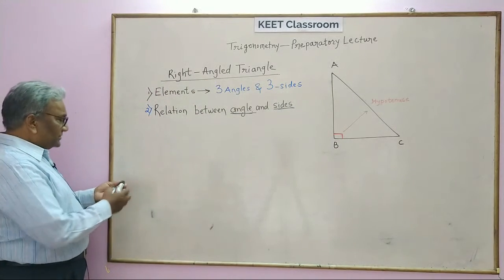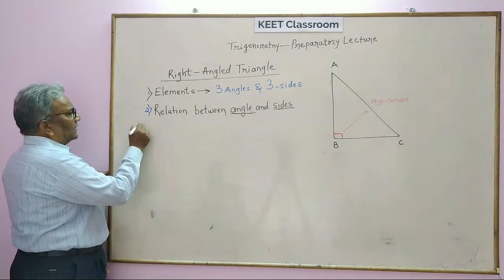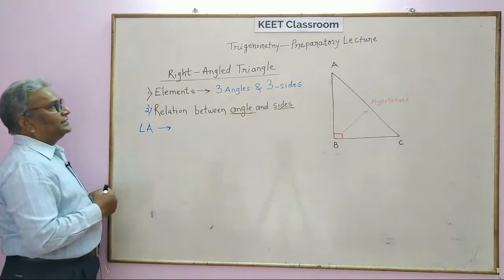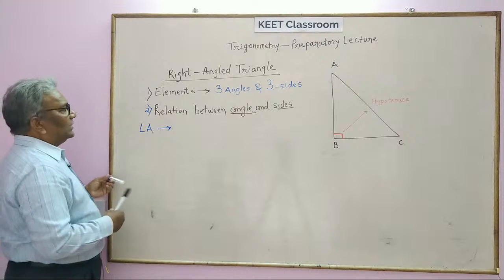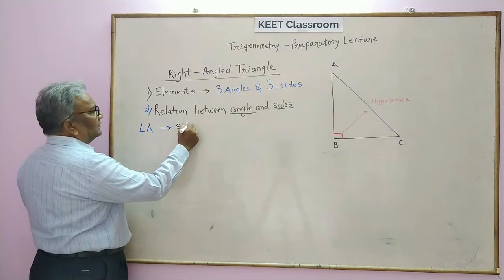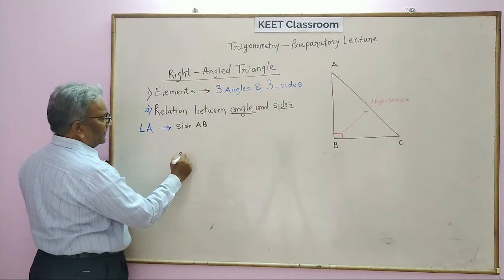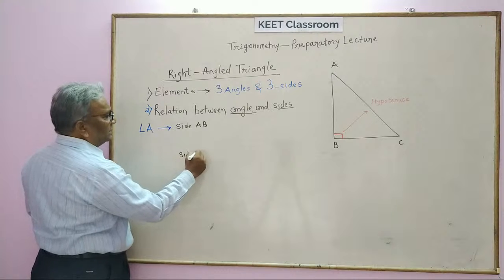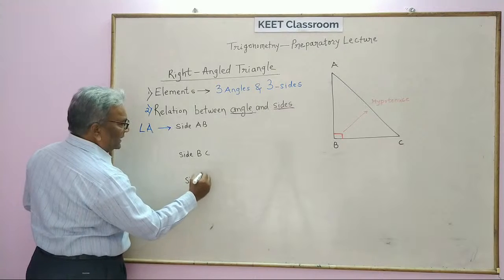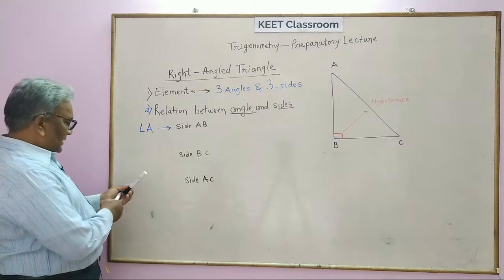For example, first we shall take angle A, and now we shall take the sides. So the sides of the triangle are side AB, side BC, side AC.